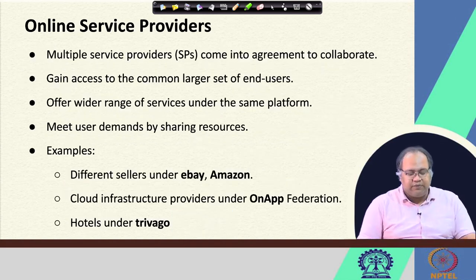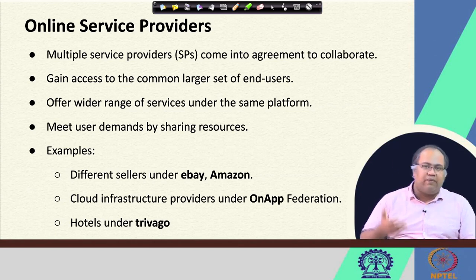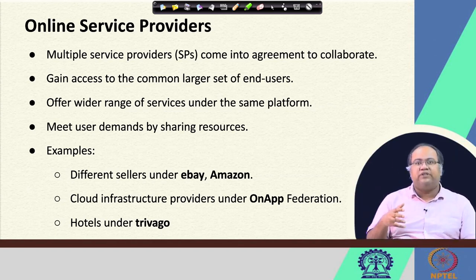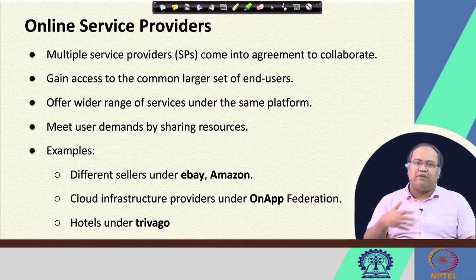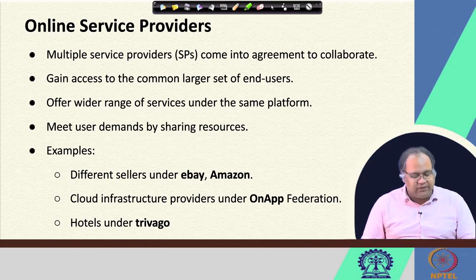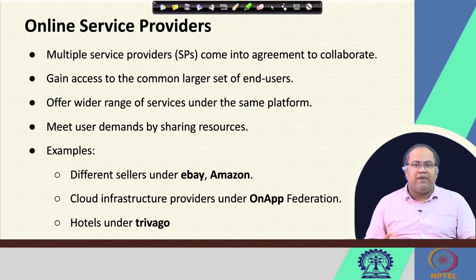Now, these online service providers, as I mentioned, are multiple service providers that come into an agreement to collaborate with each other. They gain access to a common larger set of end users. So, you have a common platform where every user is coming, and it is a kind of marketplace. The users are getting the service from that marketplace. It offers a wide range of services under the same platform, like Make My Trip.